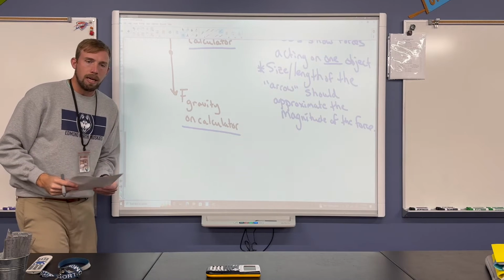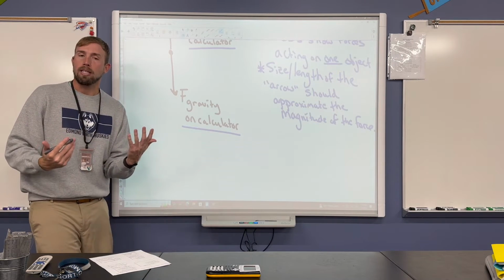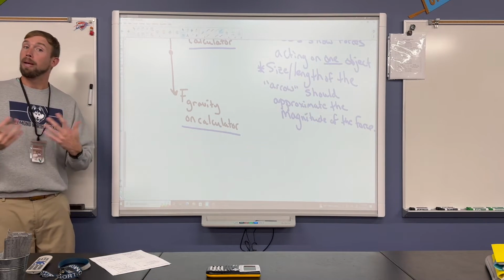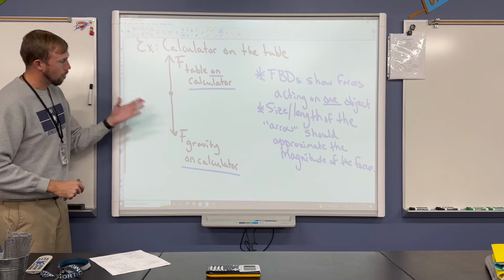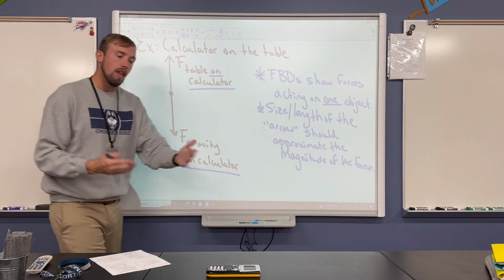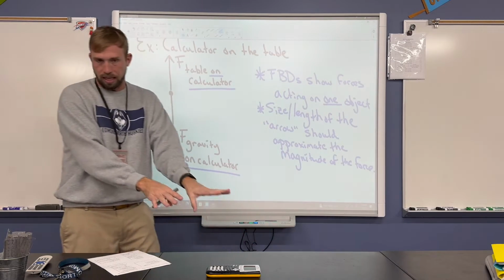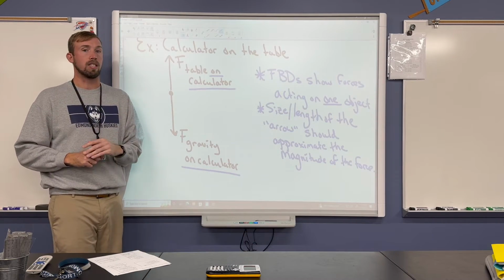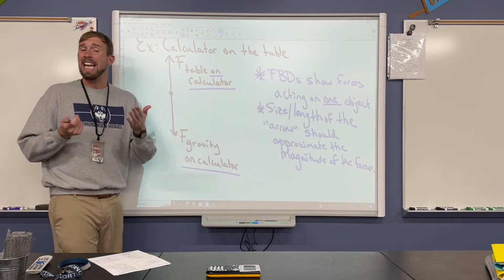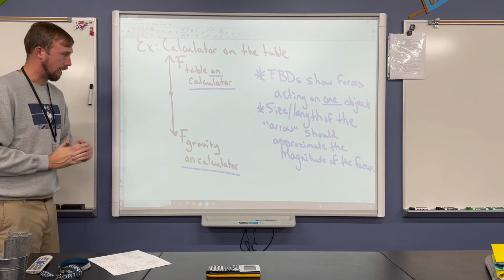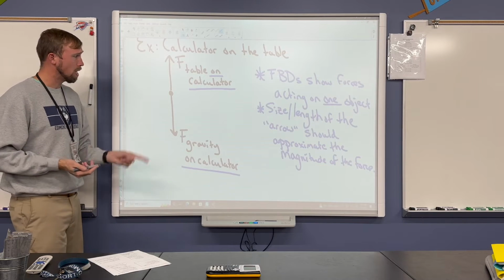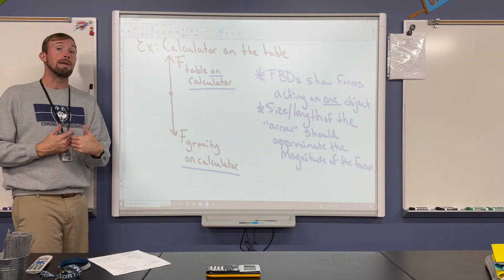When we're drawing these free body diagrams, we want to approximate the forces that might be bigger or smaller. So, for example, back here, if I look at the calculator, just doing a quick glance at this, I can see that the object is not accelerating. And again, we're going to get into this more when we start to solve some things with Newton's second law. But because of that, those forces actually should be balanced.